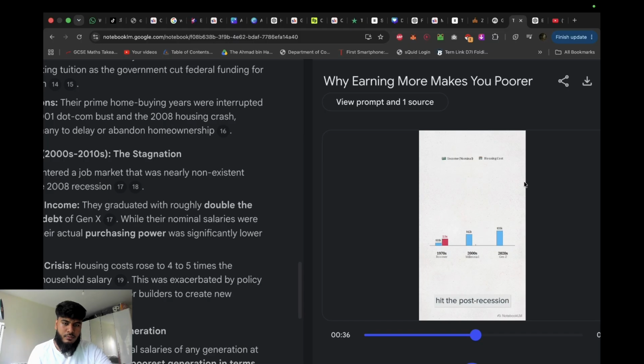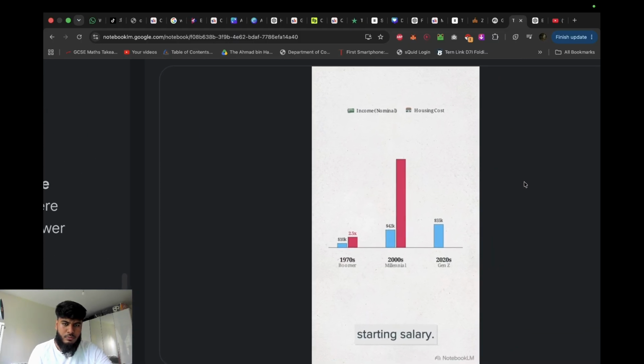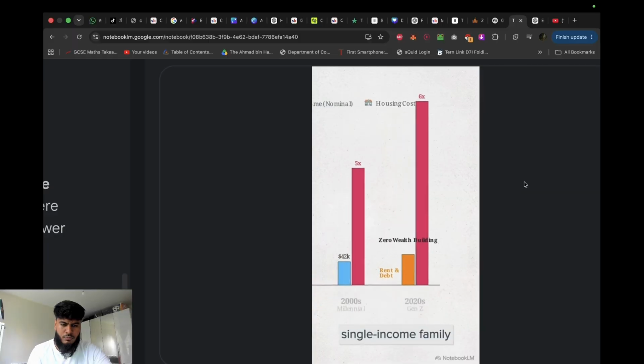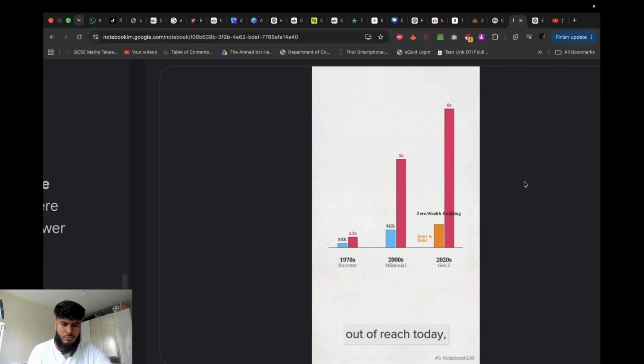By the time they hit the post-recession market, a house demanded 5 times their starting salary. This divergence hits its absolute peak with Gen Z. Despite earning the highest raw dollars, their housing multiplier has reached 6 times their income, giving them the worst real-world bang for their buck of any generation. Because that income is instantly consumed by inflated rent and debt, the capacity to actually save and build wealth has been structurally eliminated. And that's exactly why the American dream of a single-income family buying a home feels entirely out of reach today, no matter how big that salary looks.